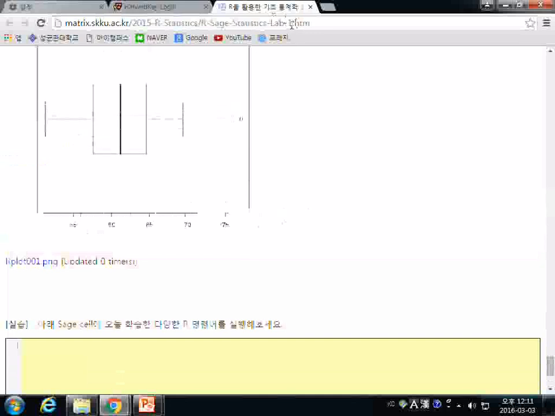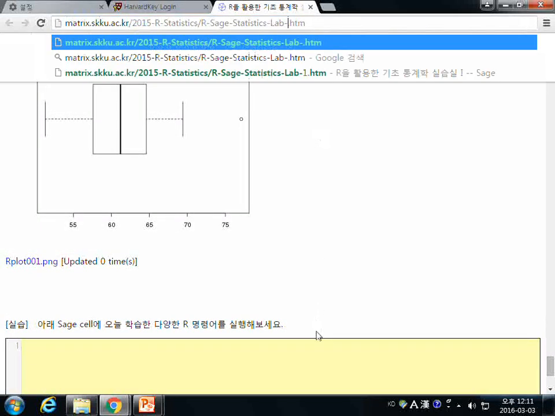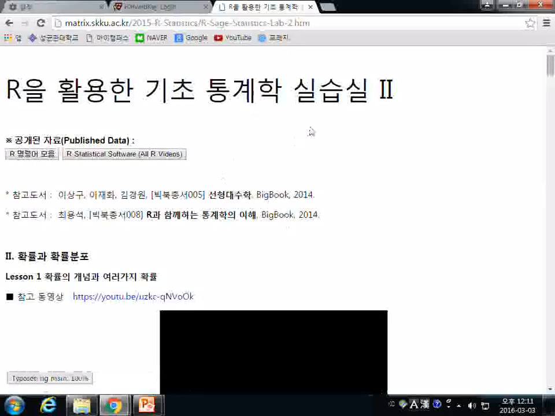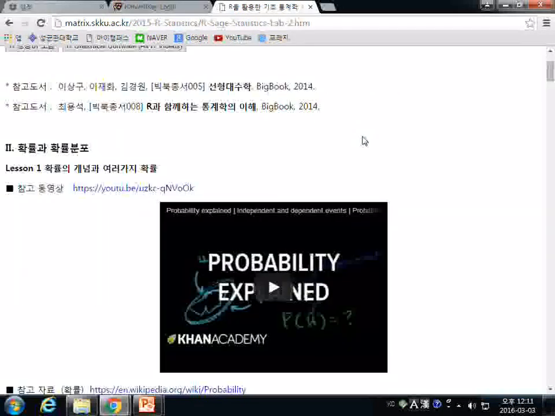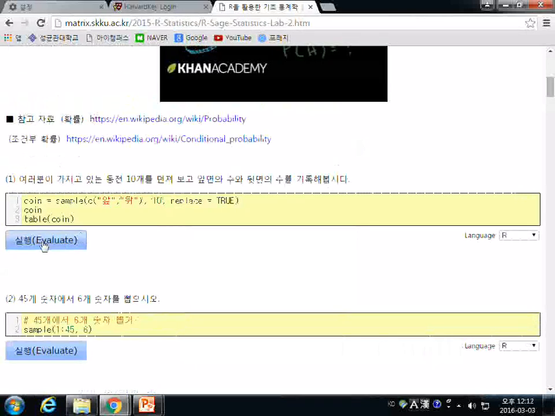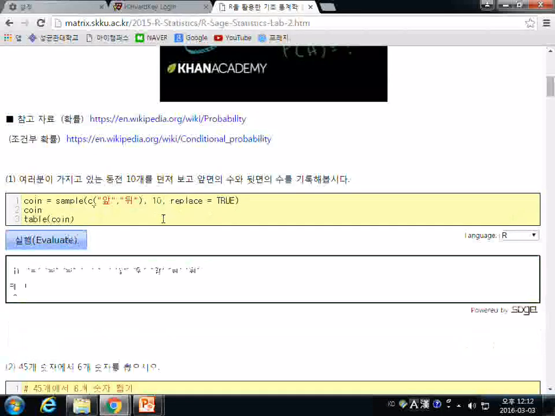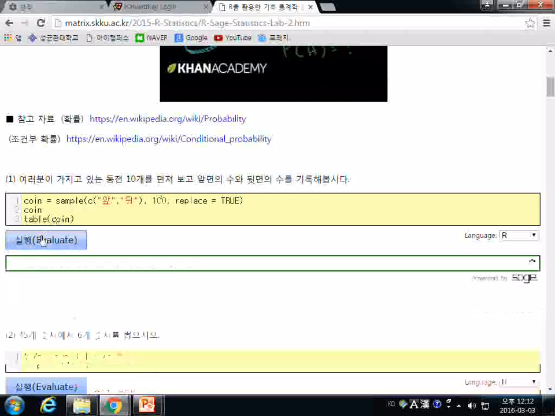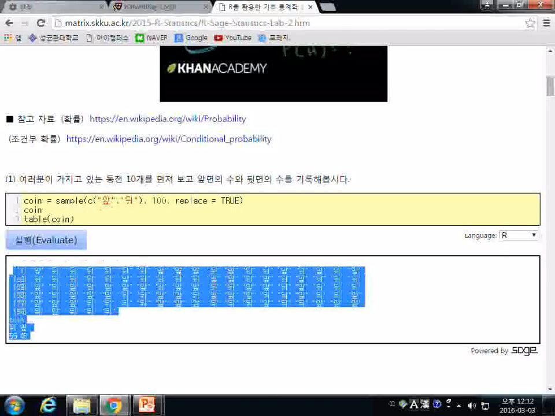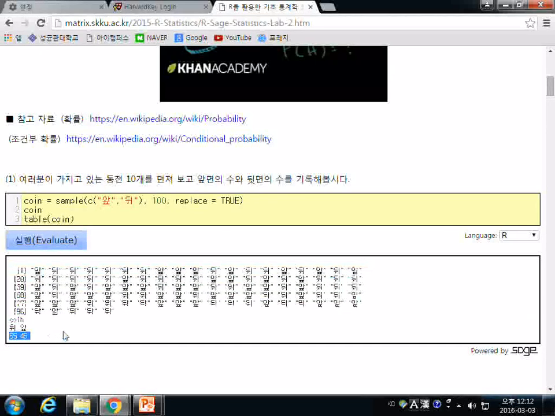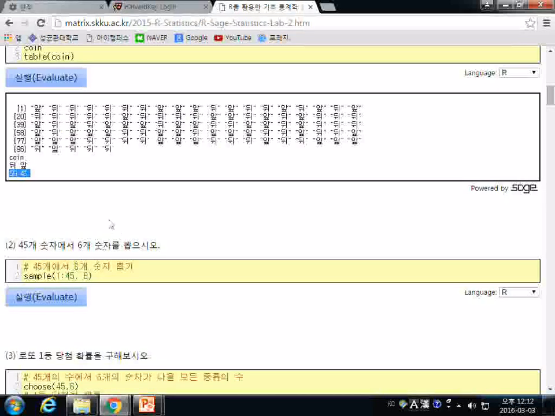You can also draw graphs of the data. This is a very introductory part of statistics. This is the second half of the introductory statistics book, including random coin toss problems. If you try it not with 10 but with 100 tosses, you will see 100 random tosses of a coin, and that the front and back have about equal chance.